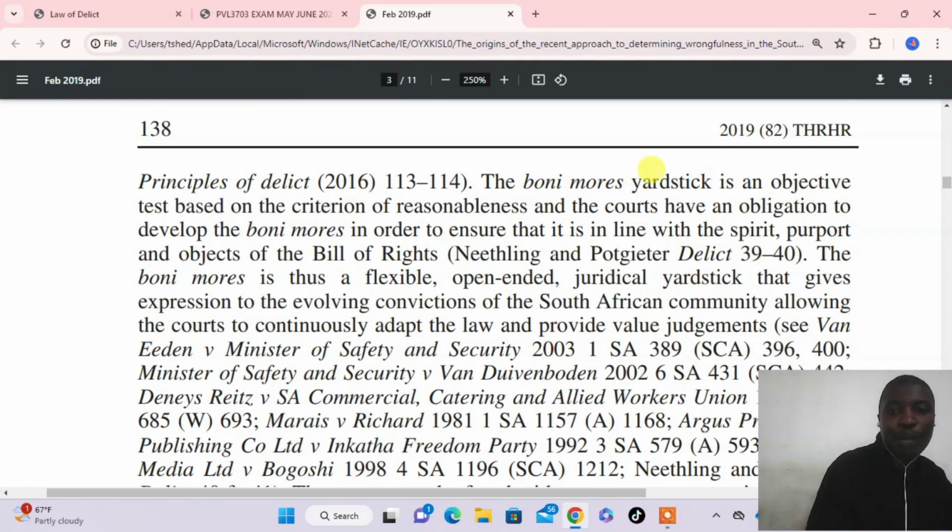The boni mores yardstick is an objective test based on the criterion of reasonableness. The court has an obligation to develop the boni mores in order to ensure that it is in line with the spirit, purport and objects of the Bill of Rights. The boni mores is thus a flexible, open-minded, juridical yardstick that gives expression to the evolving convictions of the South African community, allowing the courts to continuously adapt the law and make value judgments.